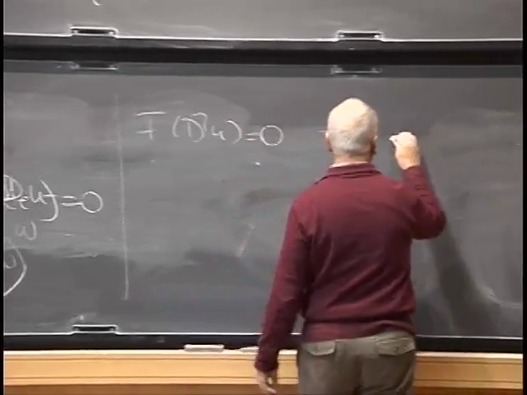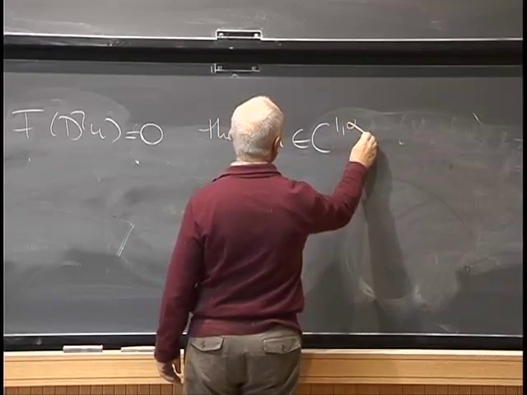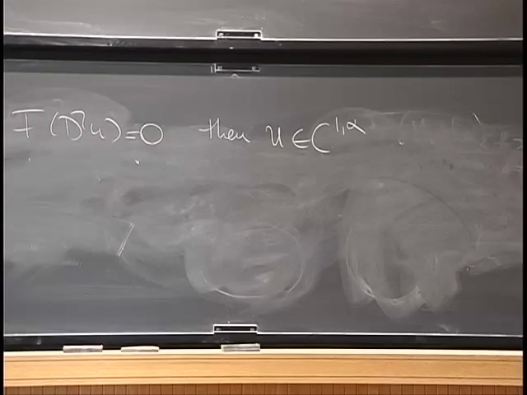Oh, this is a theorem. I'll say in a minute what is the weak solution. You can prove existence of a solution that at the beginning is weak, and you end up proving that it's C^{1,α}.